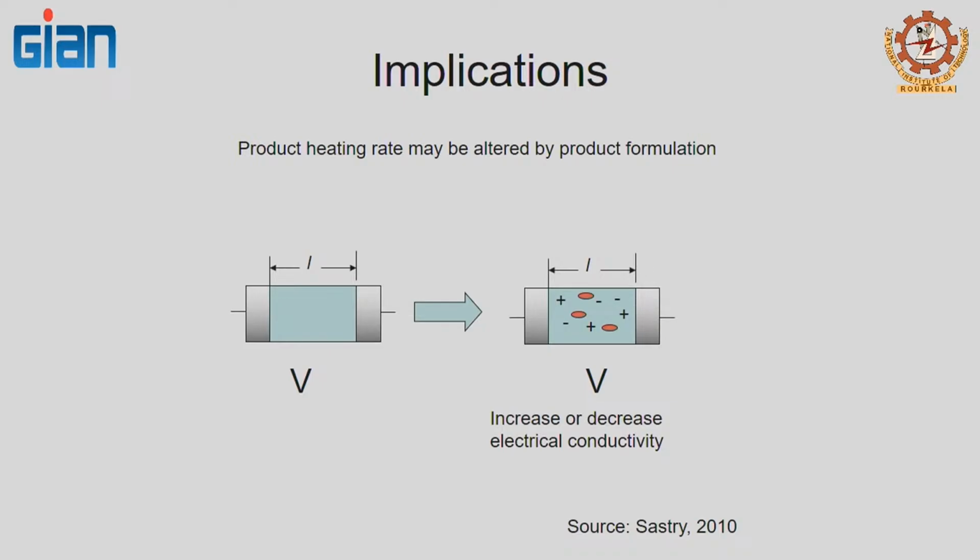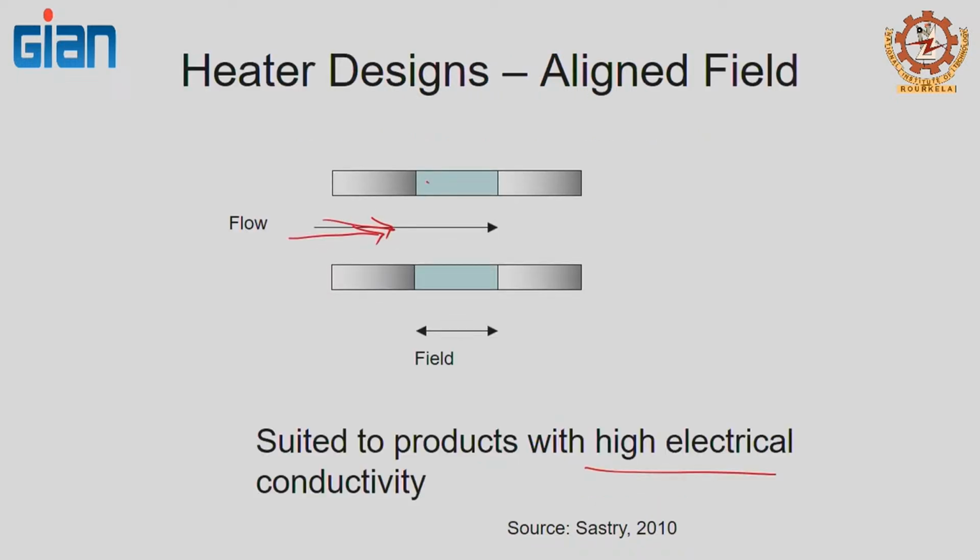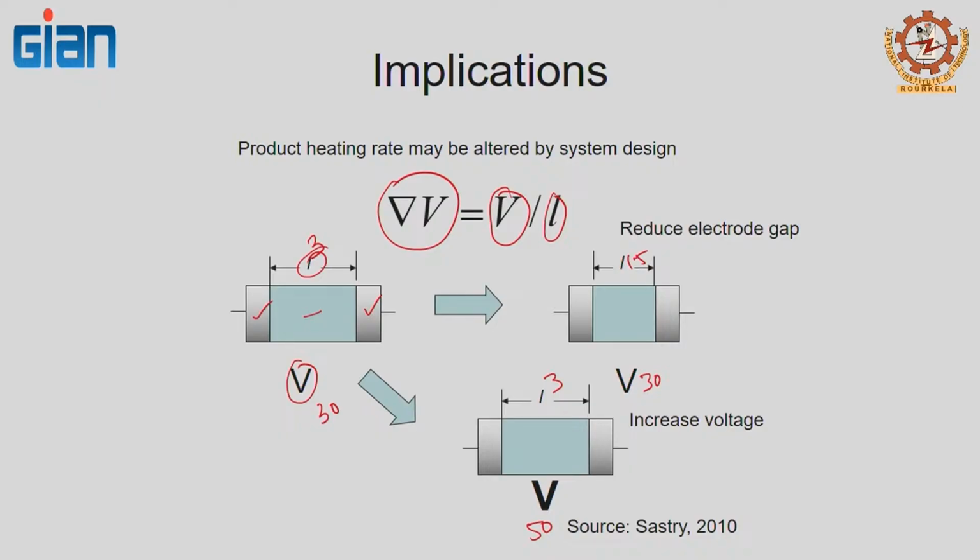The other thing you can do is alter the electrical conductivity of your material. By altering the electrical conductivity, you can change your properties so that you can get the appropriate heating rate. So, in all these cases, you are trying to have a certain voltage gradient in the ohmic heater, so that you achieve certain heating rates.